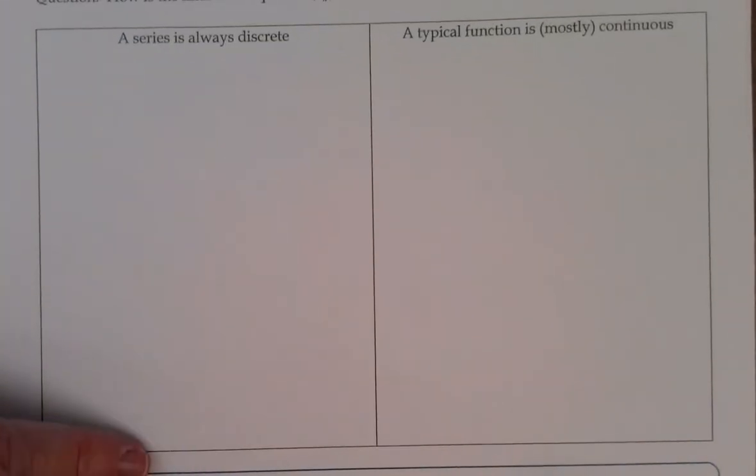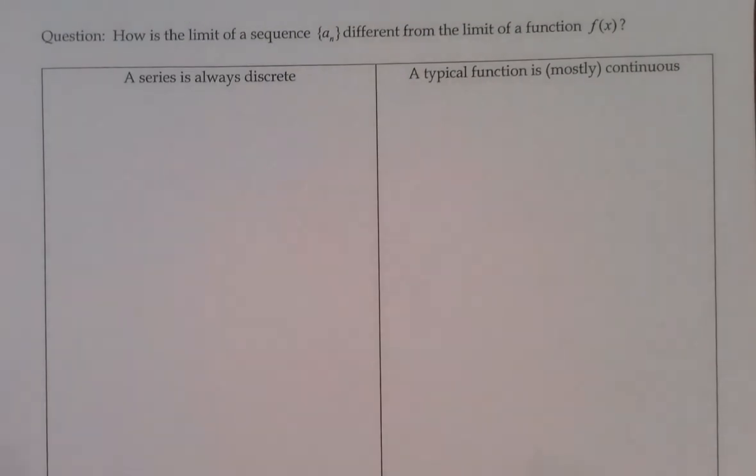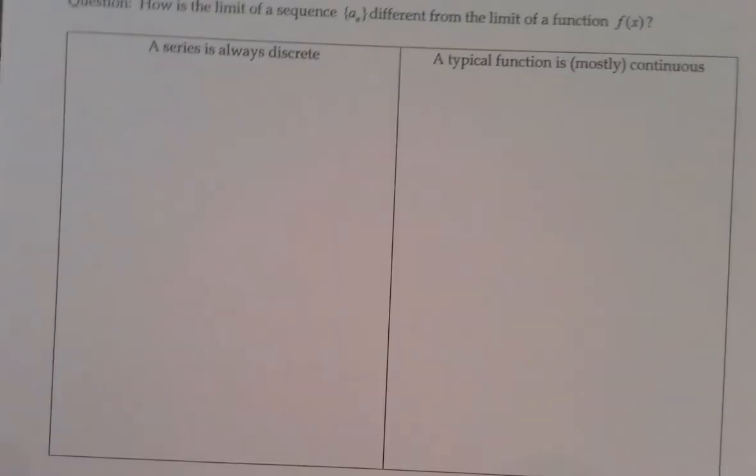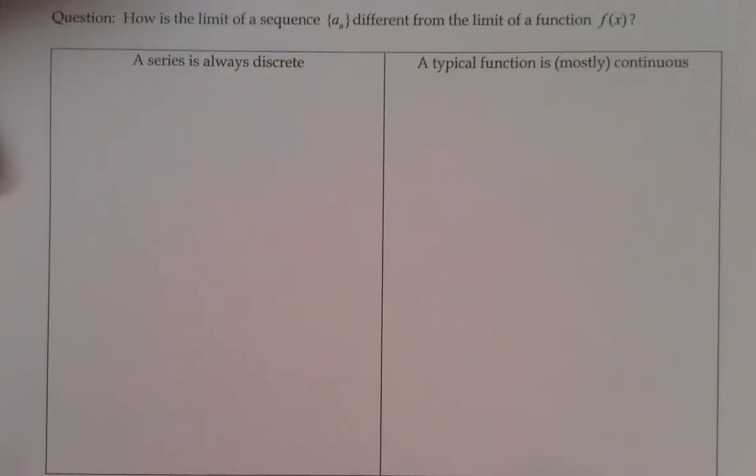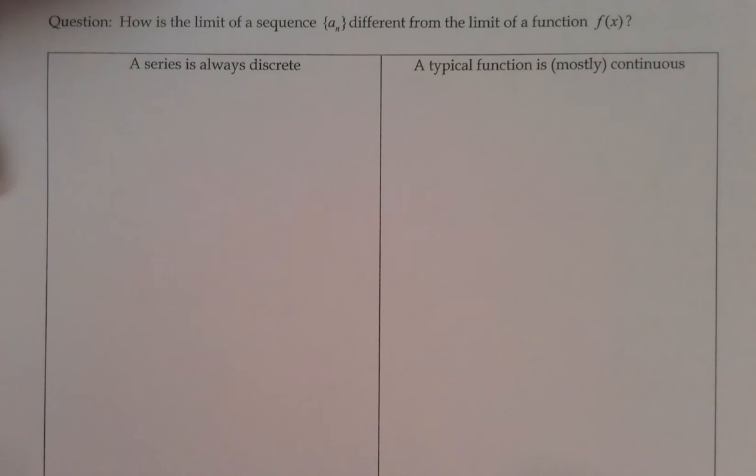The next question we want to discuss is, how do we find limits of sequences? And in order to answer that question, I want to talk about how the limit of a sequence, a sub n, is different from the limit of a function, f of x. Okay. Now a series, oops, sorry, that is a typo. That should say sequence.